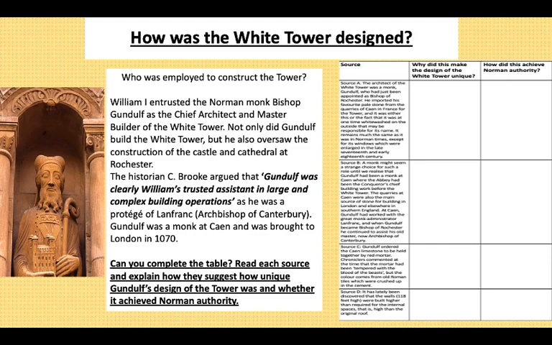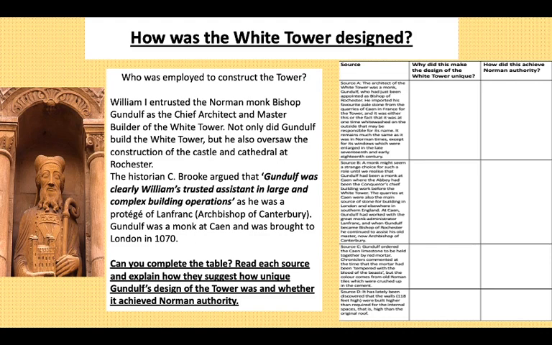Like I said earlier, Gundulf was a monk at Caen and he was brought to London in 1070, so he was very well acquainted with that type of stone, and he used that back in Normandy to help with these Norman structures.